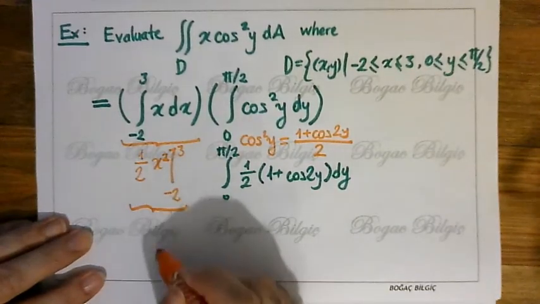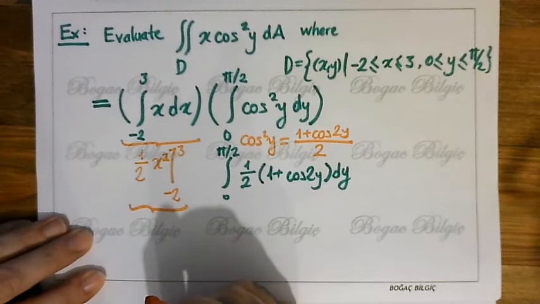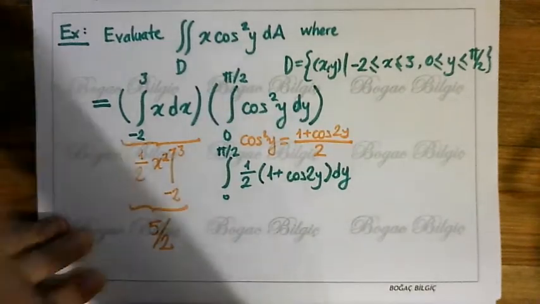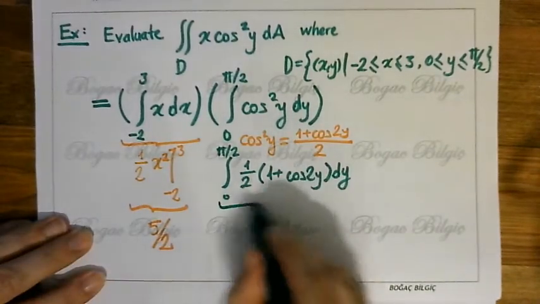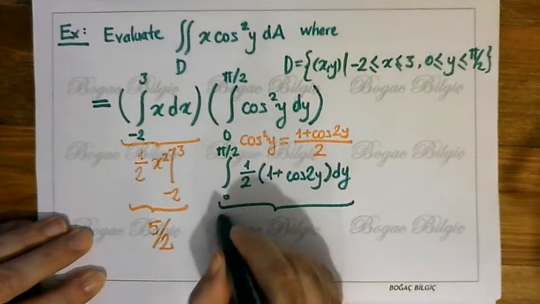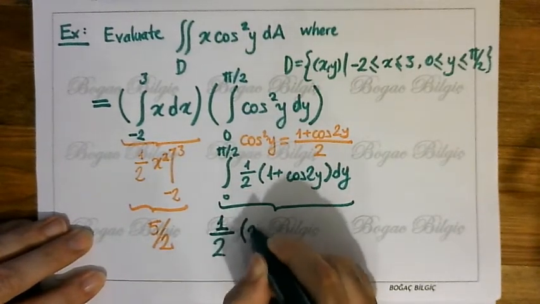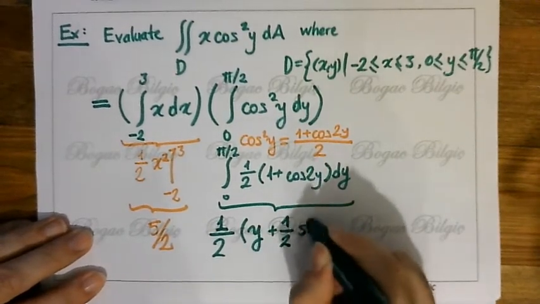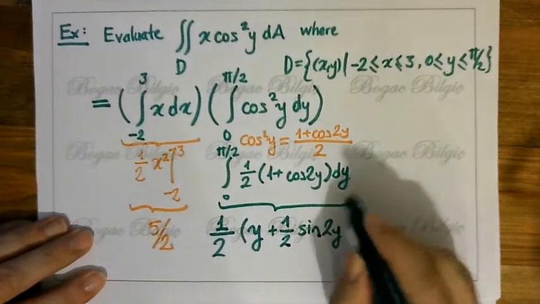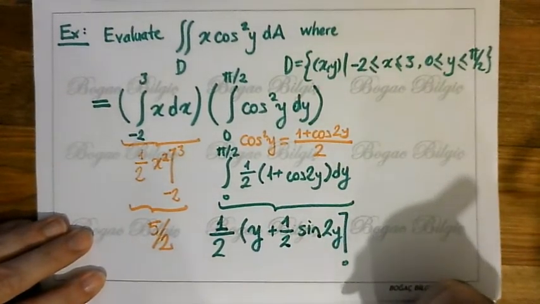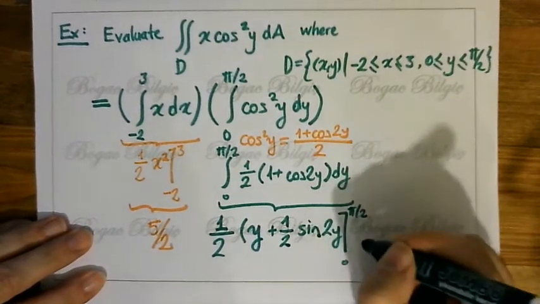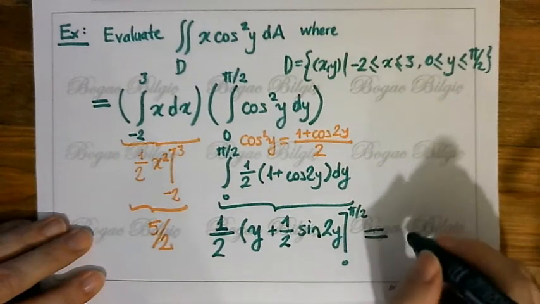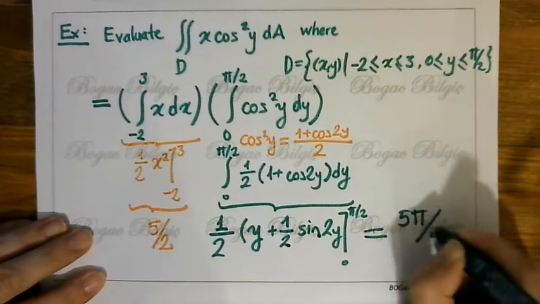This is calculated easily: 5 divided by 2, and this is 1 divided by 2 y plus 1 divided by 4 sin 2y, from 0 to pi divided by 2. The solution is 5 pi divided by 8.